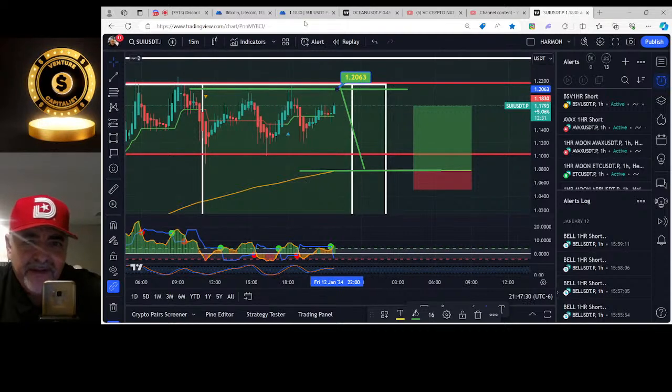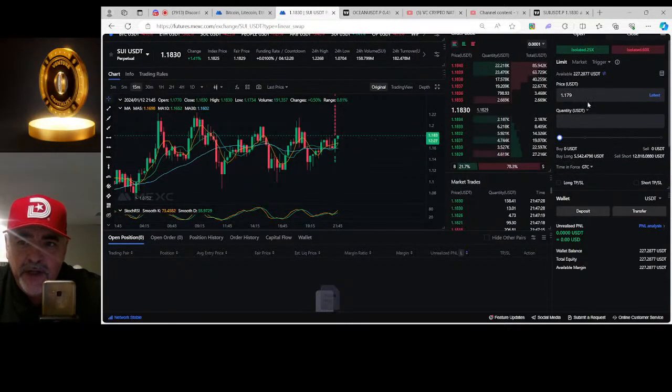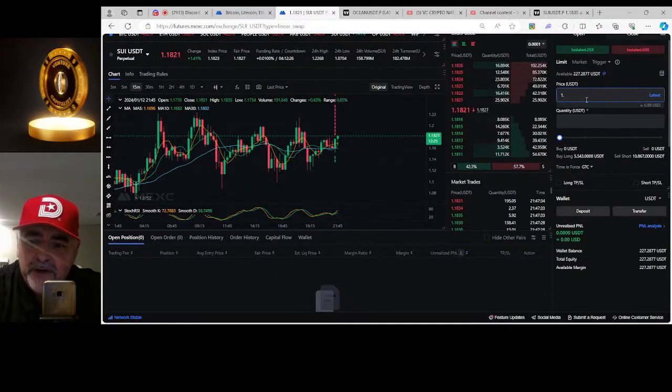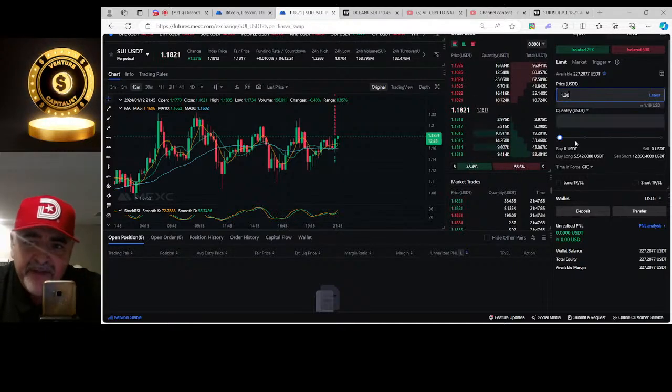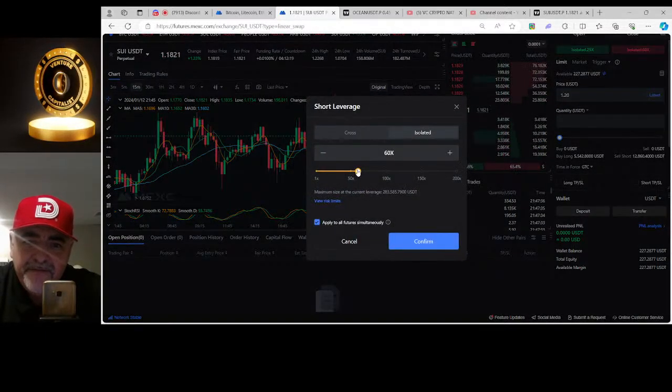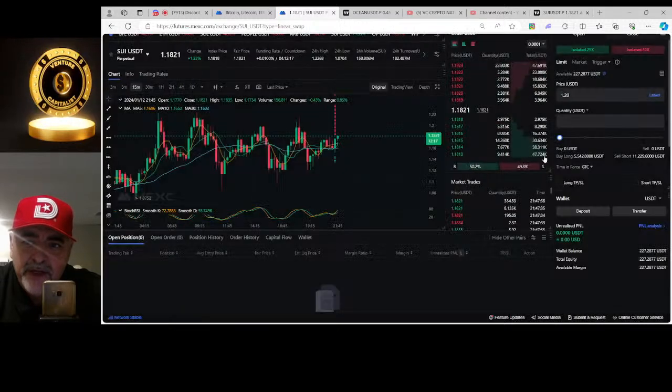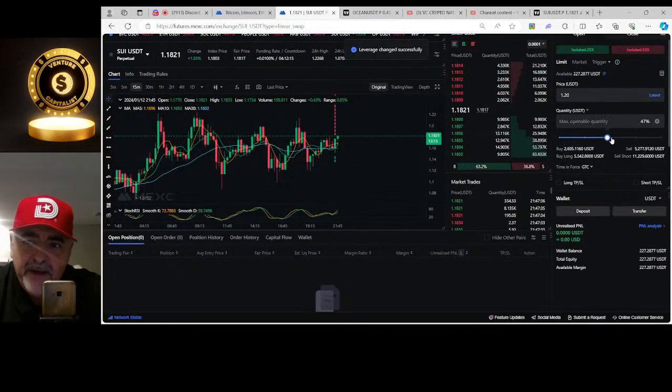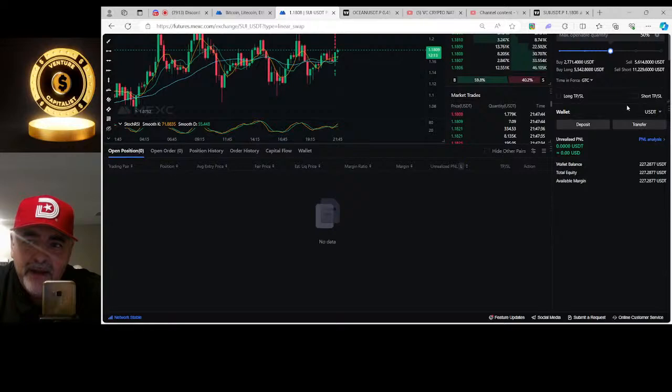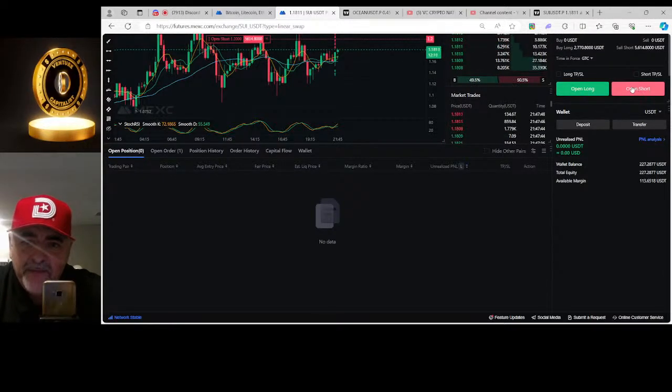So go over to your TradingView, put in $1.20, and I'm gonna set that over there, and I'm going to isolate myself into a 50x short, and I'm going to put a 50% buy on $1.20. Okay, so there we go.